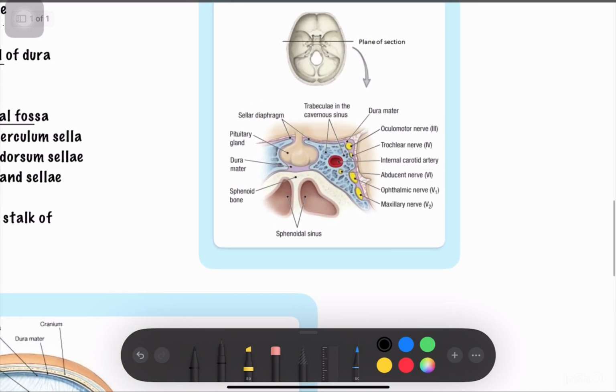Over here in this picture, this is the enfolding of the dura mater for the stalk of the pituitary gland.